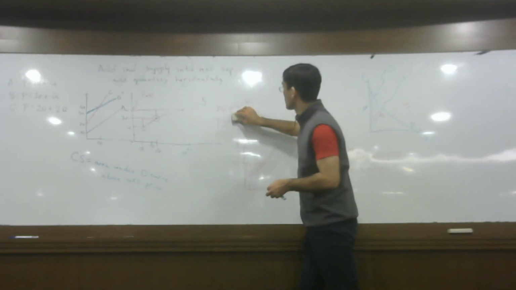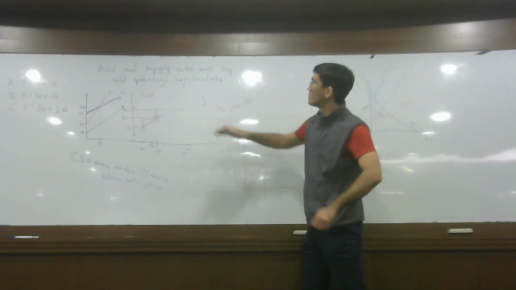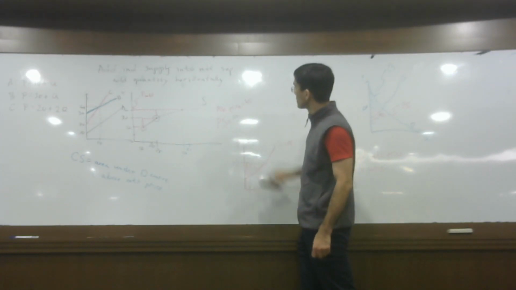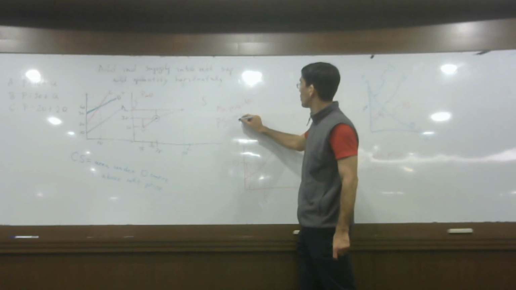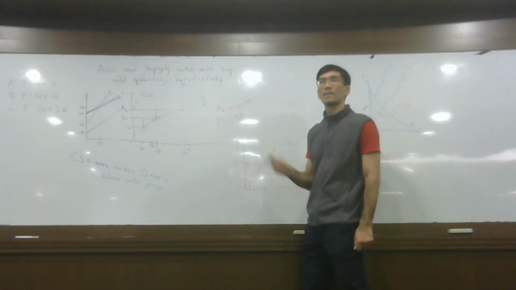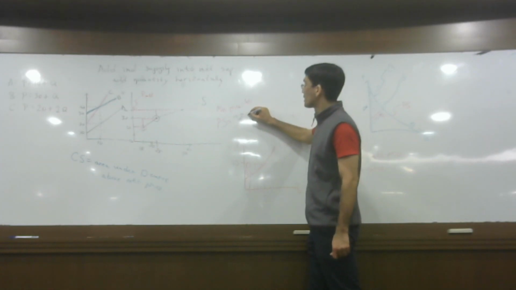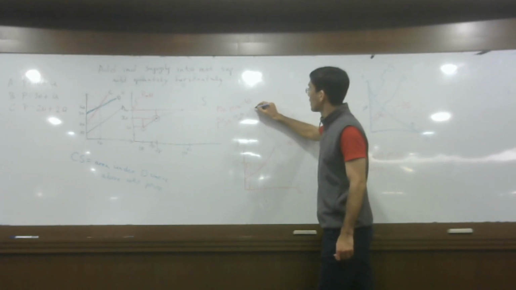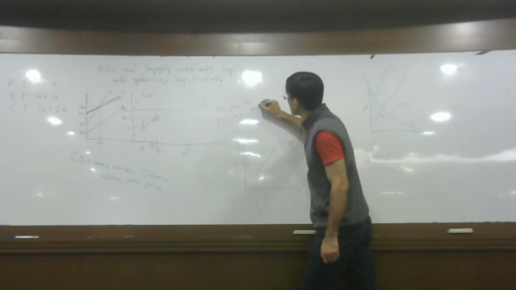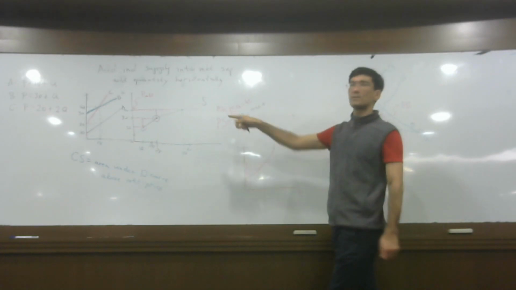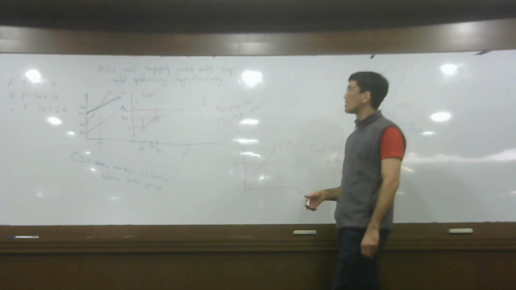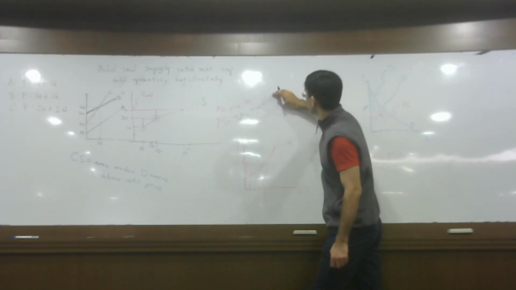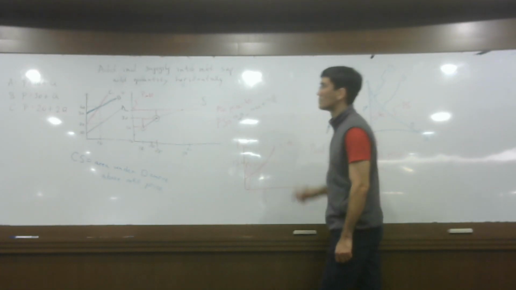So it's going to be equal to, let me go from bottom to top. The lowest triangle is 10 times 10 over 2, right? 10 times 10 over 2 plus the left rectangle is 10 times 10 plus the second lowest triangle, 10 times 15 over 2.